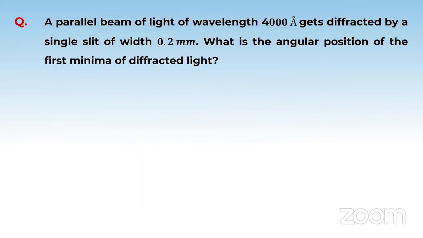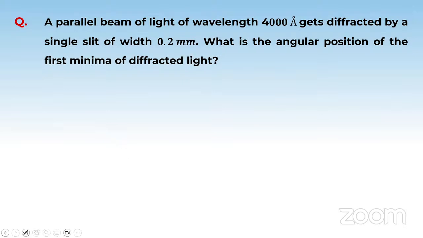Now, again, a parallel beam of light of wavelength 4000 angstrom gets diffracted by a single slit of width 2 mm. Here there is a single slit, which means diffraction is taking place. What is the angular position of the first minima of diffracted light?